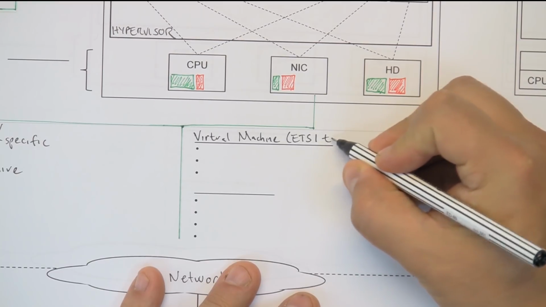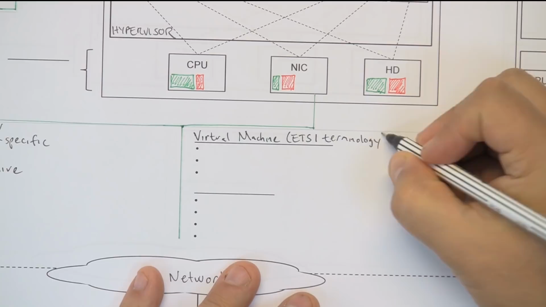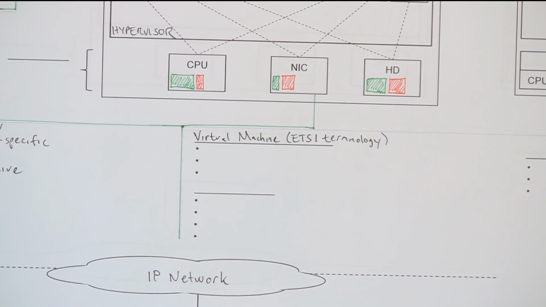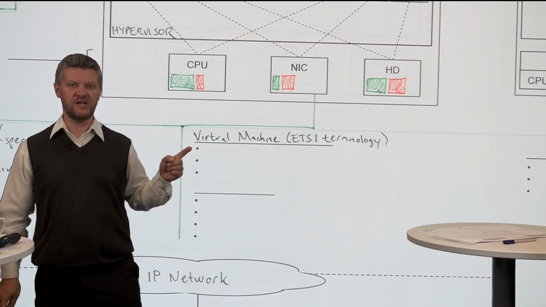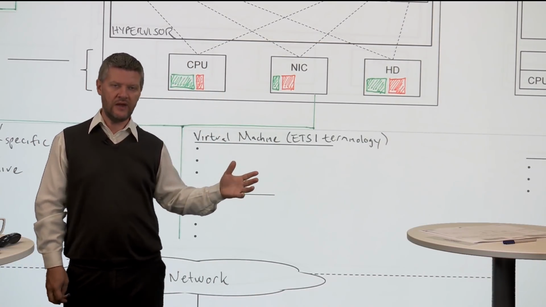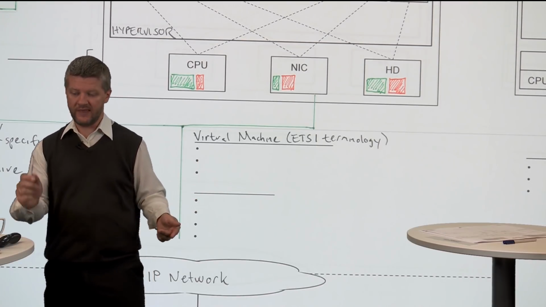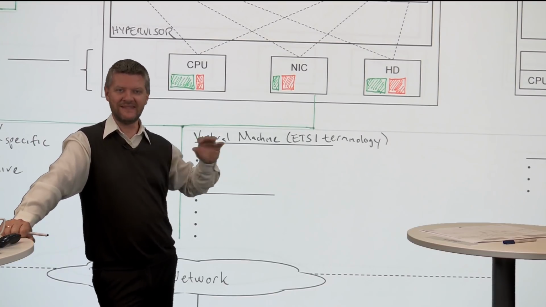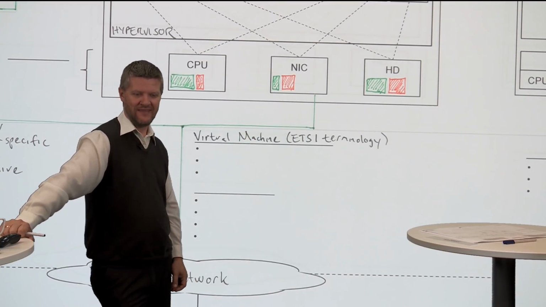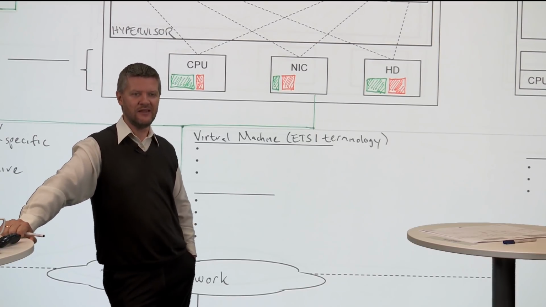ETSI terminology. Don't believe that this means that virtual machine is an ETSI word. I realize that you might interpret it like that. If you feel inclined to interpret it like that, add something else to take away that belief.